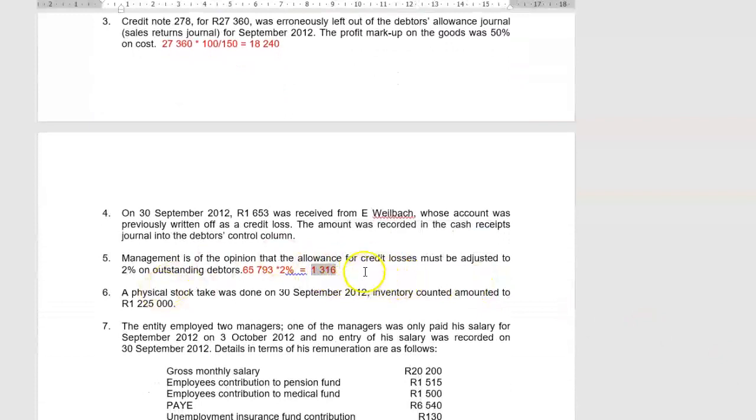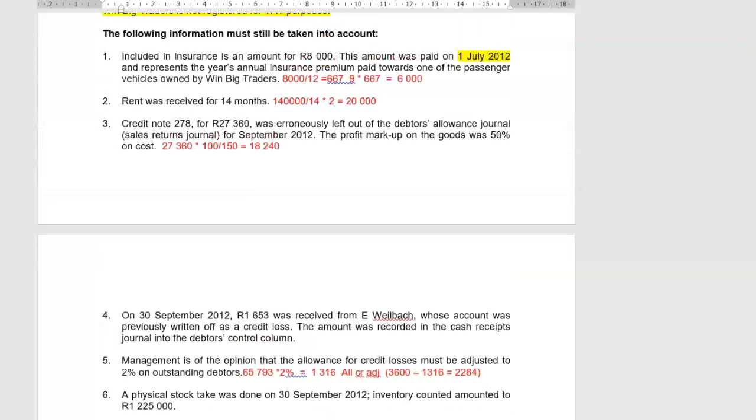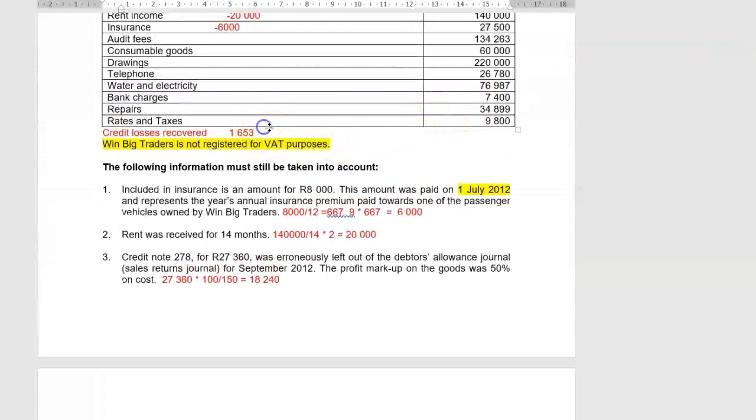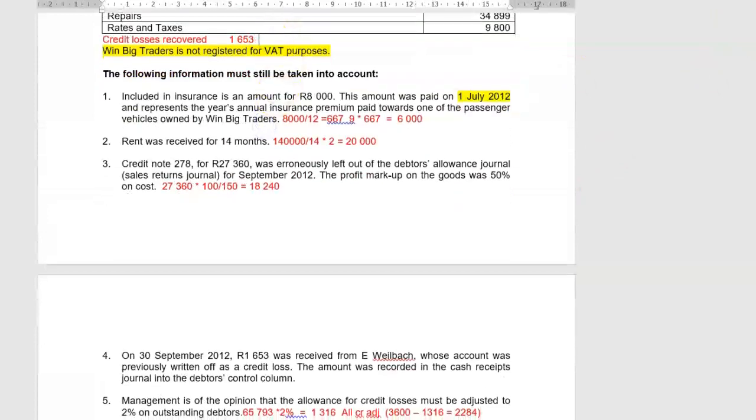So therefore, we have to debit the allowance account and we're going to credit my credit losses or allowance for credit losses adjustment account with the amount of 3,600 less 1316, because that's the adjustment entry that we're going to post, and that gives us a total of 2284. So we have another income item that we want to add to our income statement.